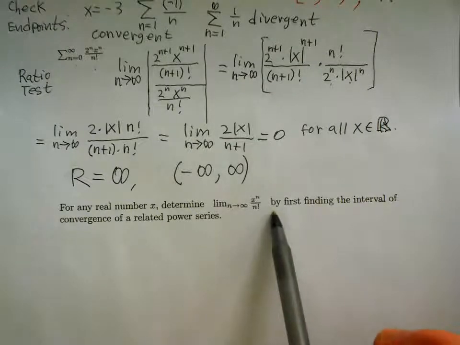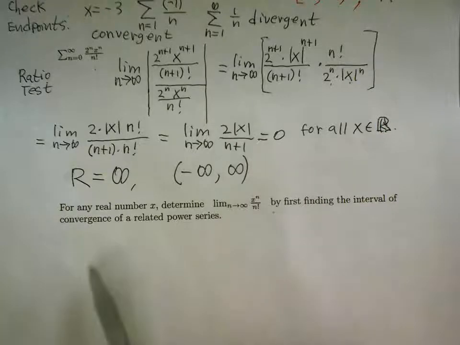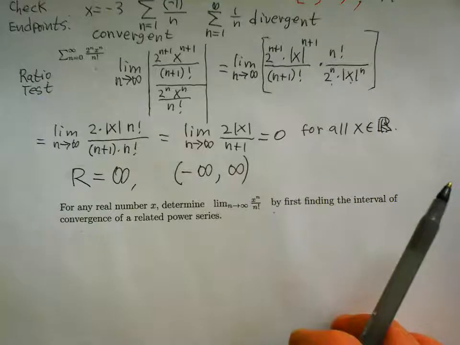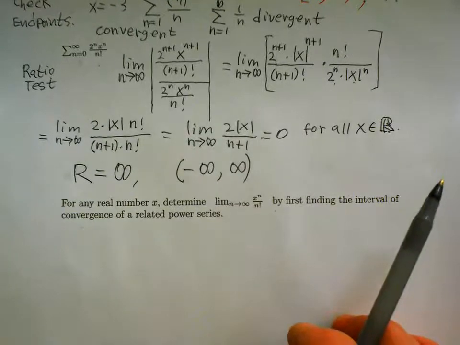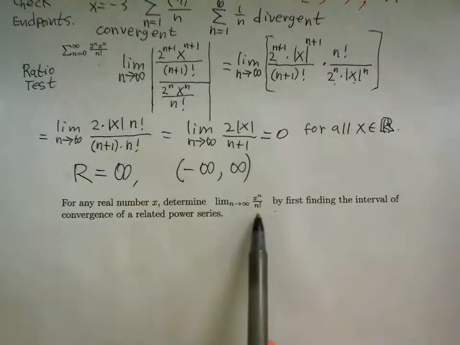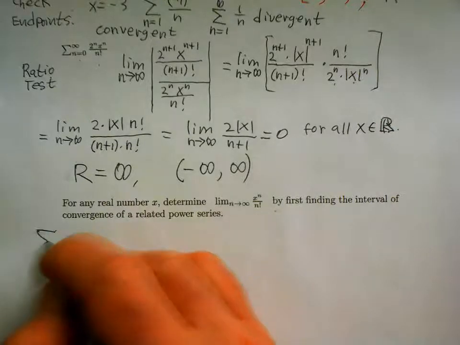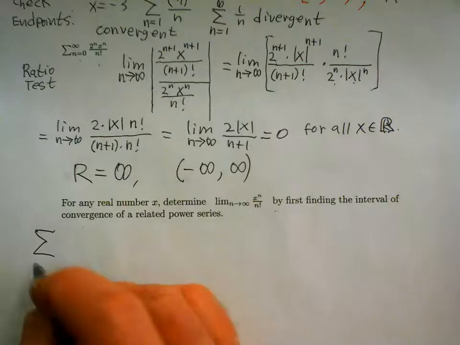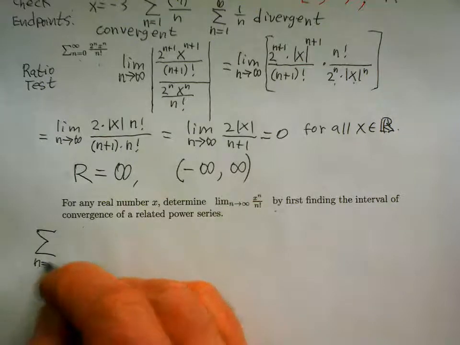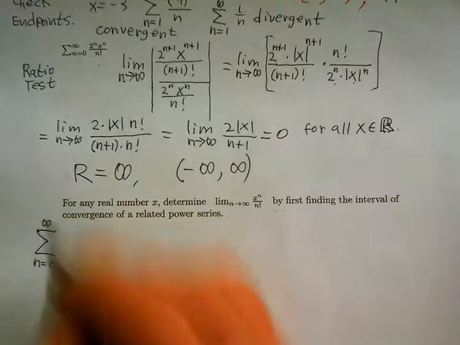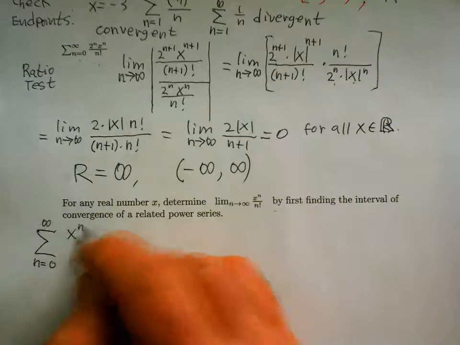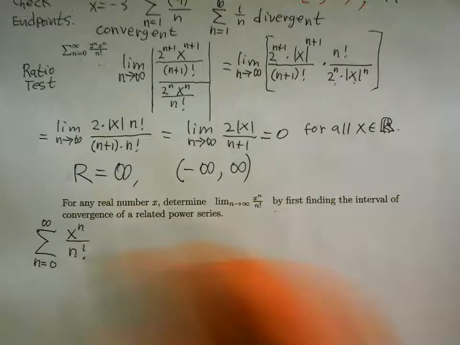Do this first by finding the interval of convergence of a related power series. Well, the power series that works best in this case is just the series from n equals 0 to infinity of x^n over n factorial.